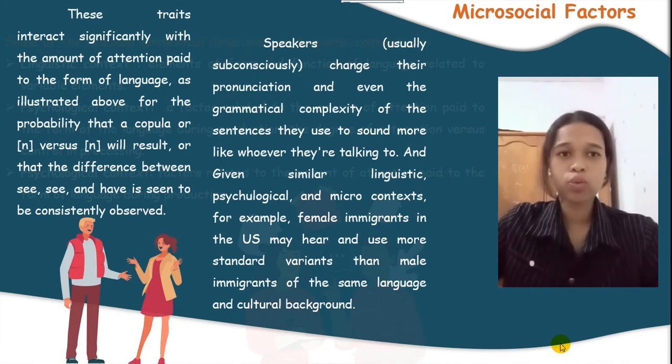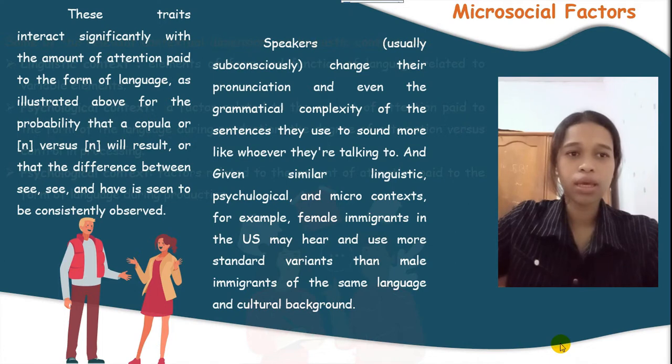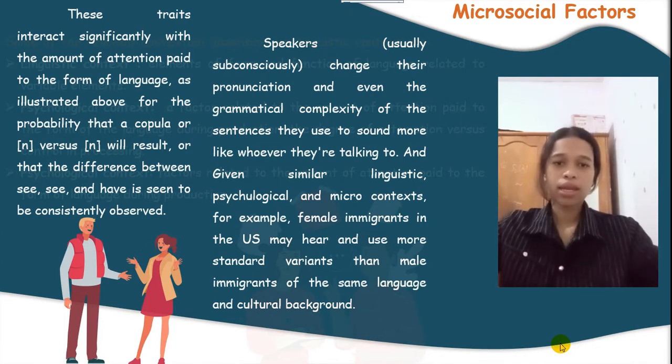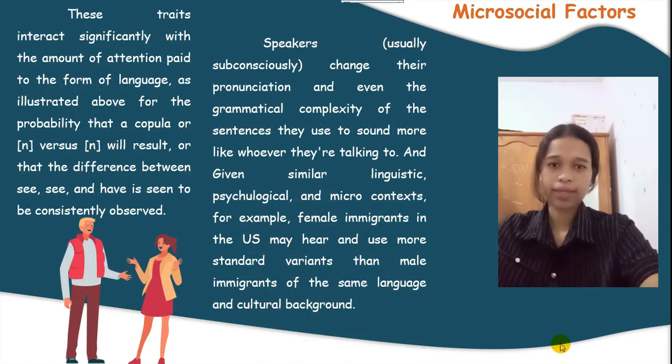They use sounds more like those of whomever they are talking to, given similar linguistic, psychological, and microsocial context. For example, female immigrants in the USA may hear and use more standard variation than male immigrants of the same language and cultural backgrounds.